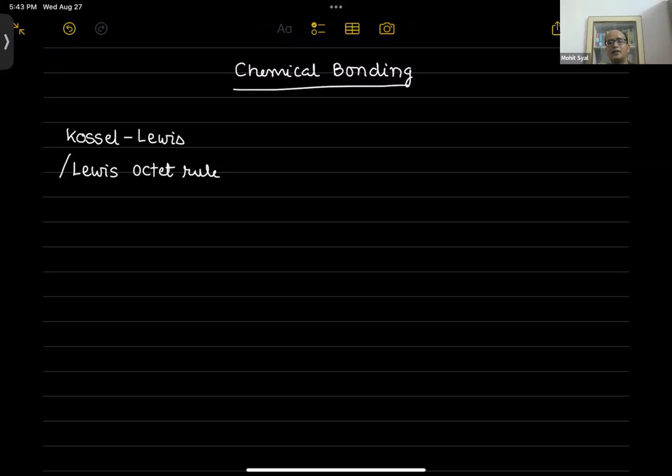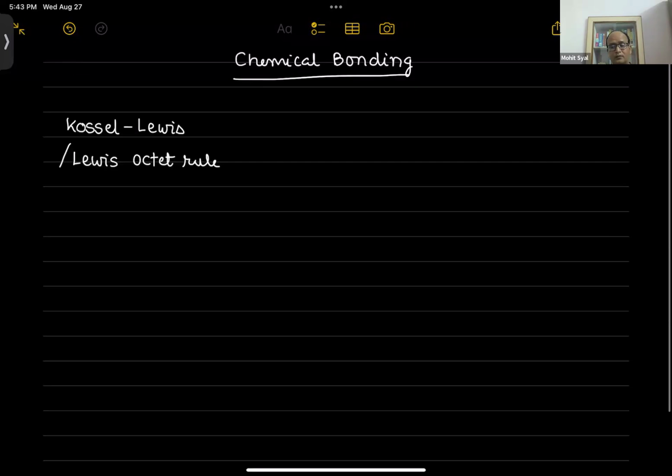If the valence shell is incomplete, they will try to form the chemical bond and have their valence shell complete, means 8 electrons, or 2 electrons in the case of hydrogen. Is it clear? Yes. That is called the Lewis octet rule.